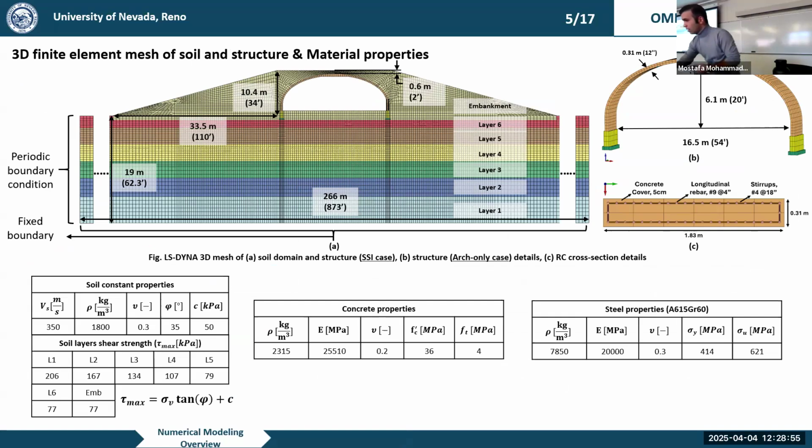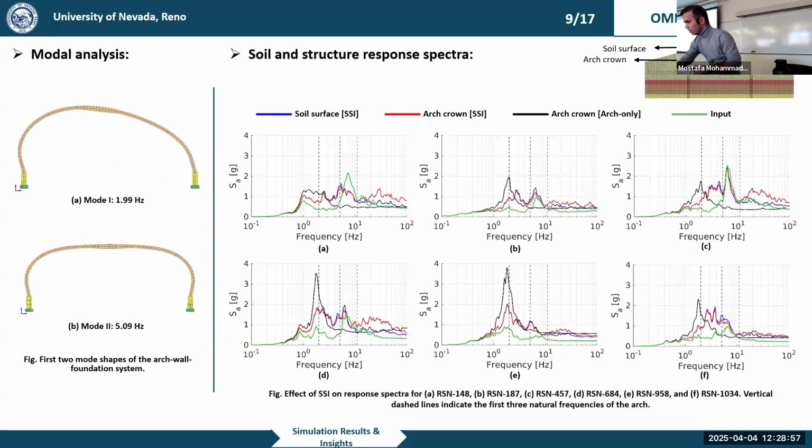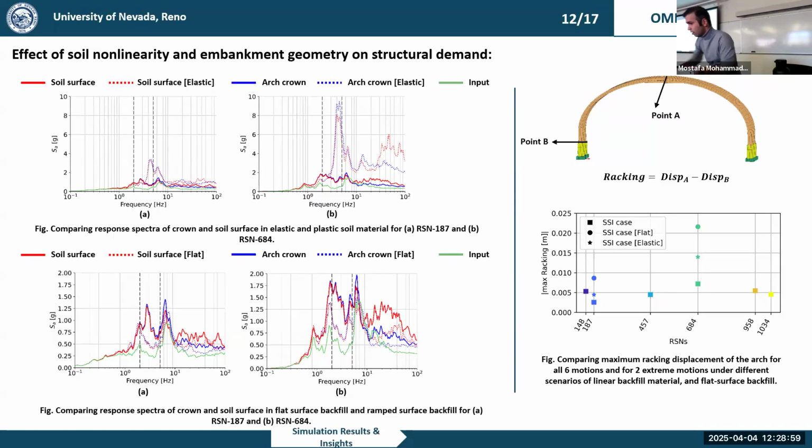The structure will be even more confined. And that's the cause that you can see these dashed lines, which are for the flat surface, for all the responses, are getting de-amplified. And it can actually help us. And again, it's another indicator that the geometry of the embankment matters in our simulation.